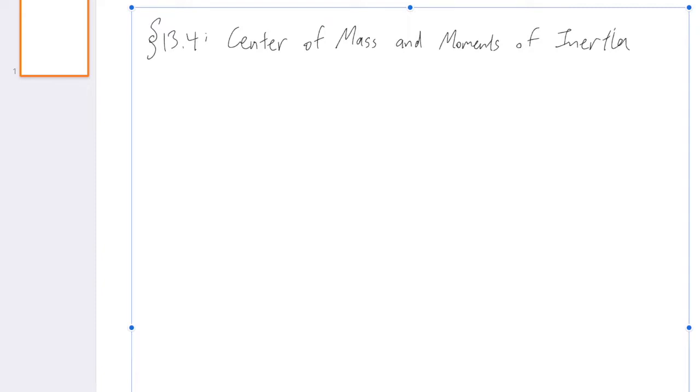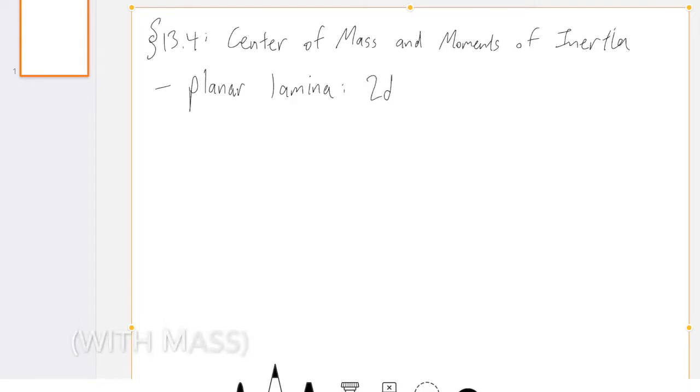In this section, we're going to find the center of mass and moments of inertia of this thing called a planar lamina. All this is just a 2D region. So it could be any shape, some weird shape, it could just be a triangle like this.